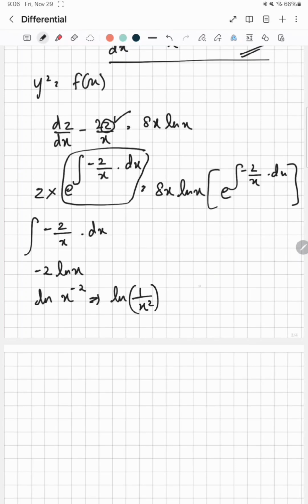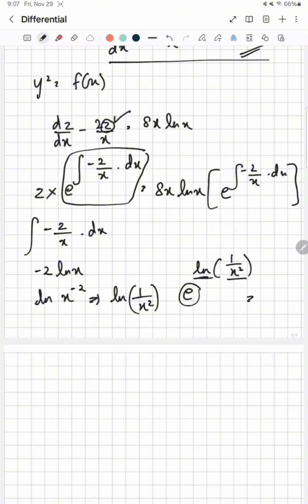So we write our answer as e to the power ln of 1 over x squared. You should also know that e to the power ln of whatever you have inside is your answer.